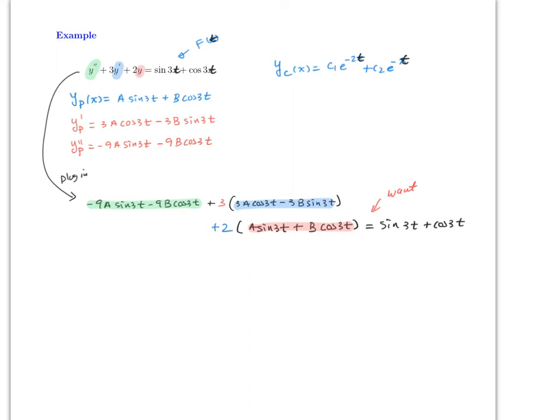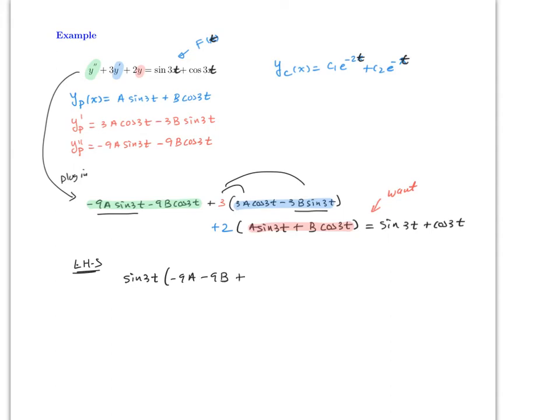So if you distribute and combine like terms, from the left hand side, if you factor sine 3t, you can see from here you're going to get minus 9a. Then if you distribute from here, you're going to get minus 9b.